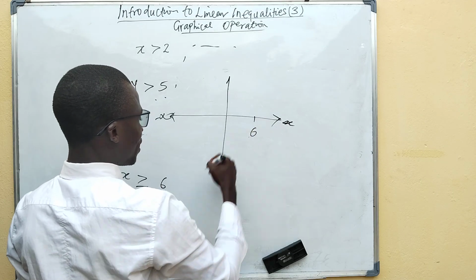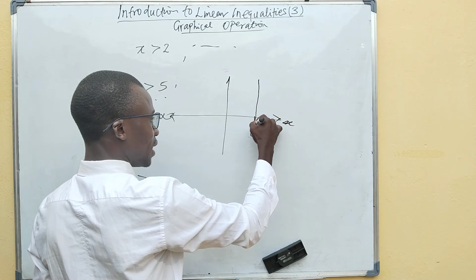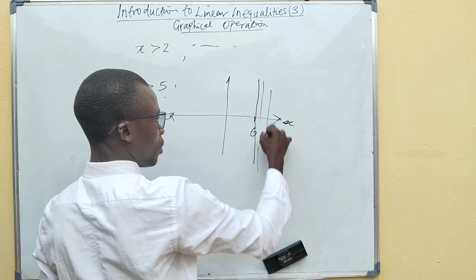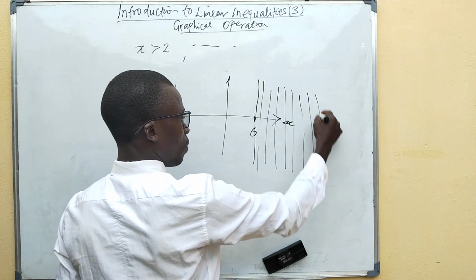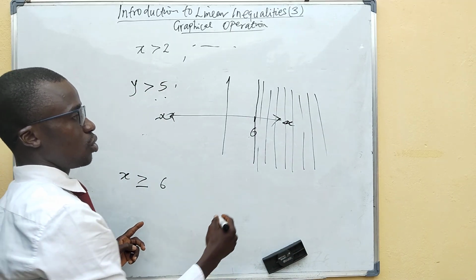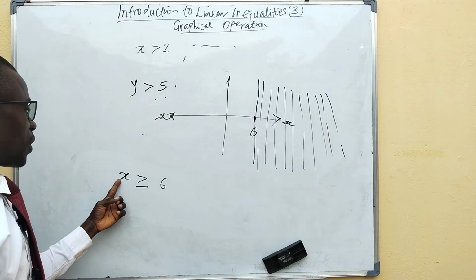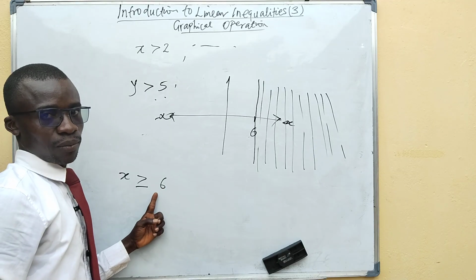So if my 6 is here, greater than or equal to 6, I will use a thick line and draw it. That shows I have represented x is greater than or equal to 6.